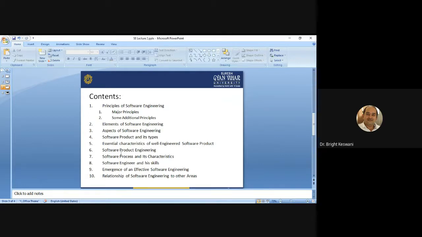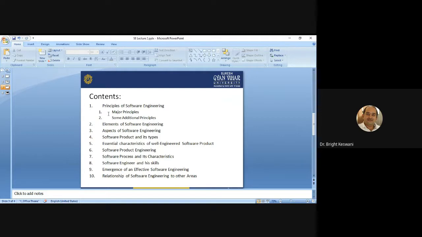What is the meaning of software product engineering? Then software process and its characteristics will be discussed in this lecture. The software engineer and his skills will be discussed. Then we will discuss the emergence of effective software engineering, and lastly, we will establish the relationship of software engineering to other areas of engineering.